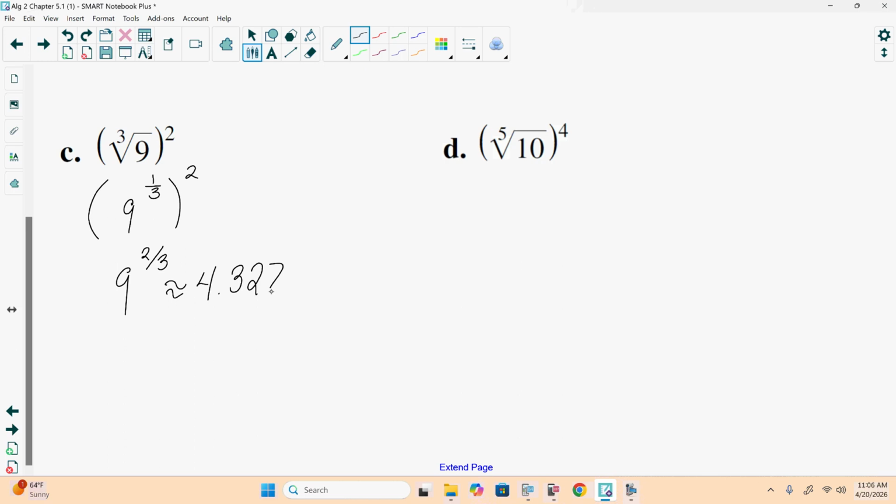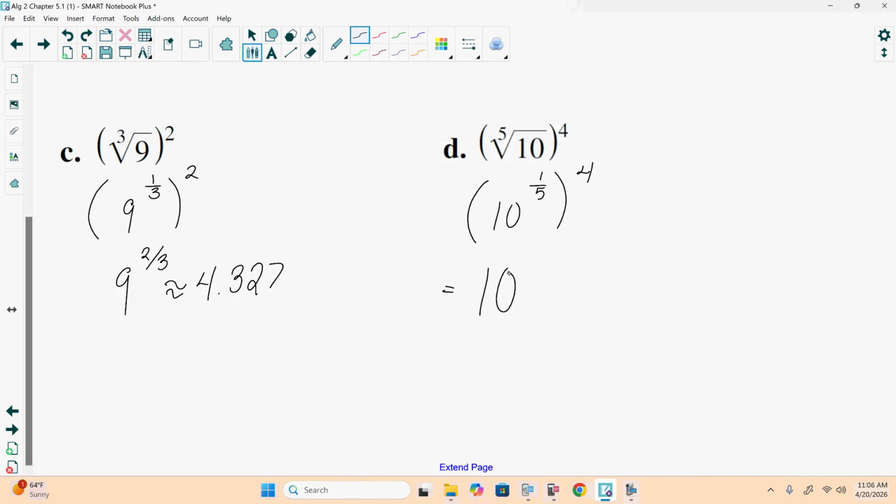5th root of 10 to the 4th. So the 5th root of 10, if we rewrote it as a fractional exponent, it would be what? 10 to the 1/5. Powers of powers multiply.